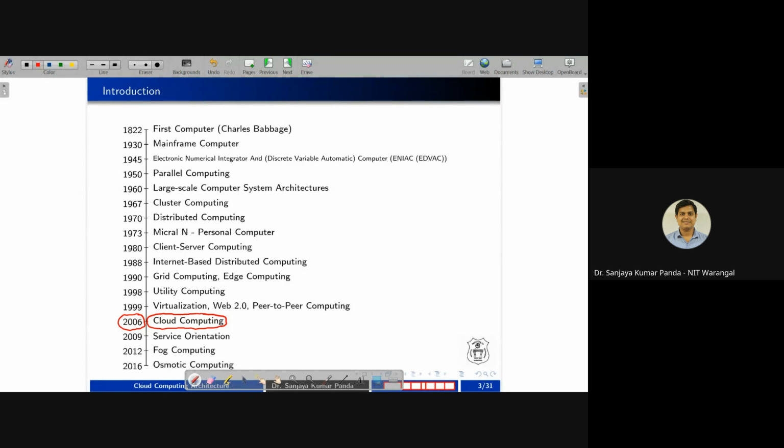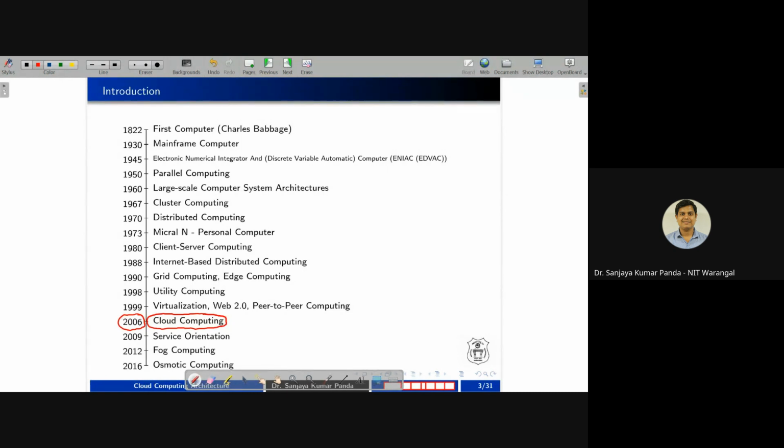Then in 1990, as I said, the enhancement of cluster computing was done with the help of grid computing, in which we consider different types of systems, where the configuration, architecture and operating system are all different. Then in 1998, the concept of utility computing came.